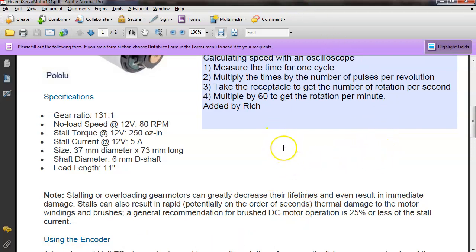I erased everything. What did we come up with? We multiply by 60, right? What's that? Oh, 0.7. Thank you.